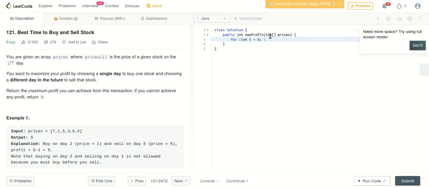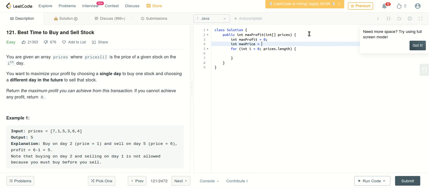Let's start with 0, and we'll go to prices dot length. Then we would also initialize two integers, maximum profit, which would be 0, and maximum price.